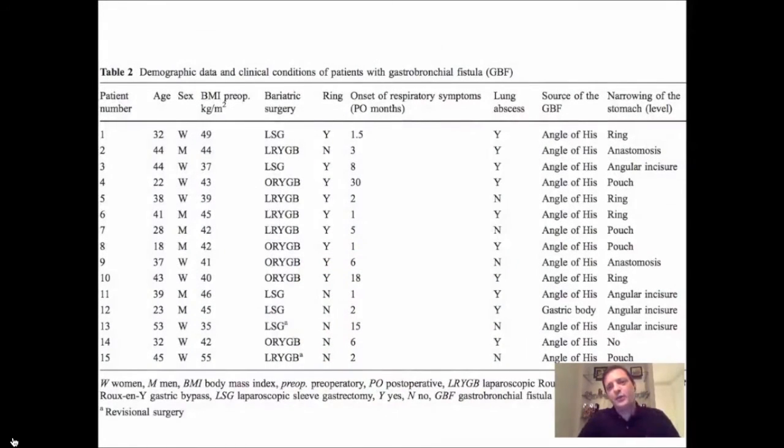From this article, if you go to the right part of the chart, you're going to see the angle of His in absolutely all of those. Getting back to the previous papers, they showed us that the majority of those leaks come from the angle of His, and this is even more true when you're talking about gastrobronchial leaks.